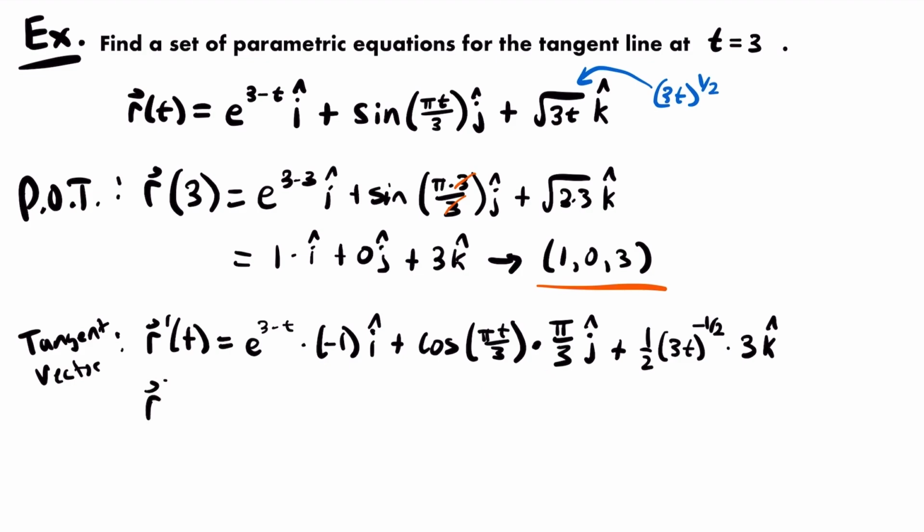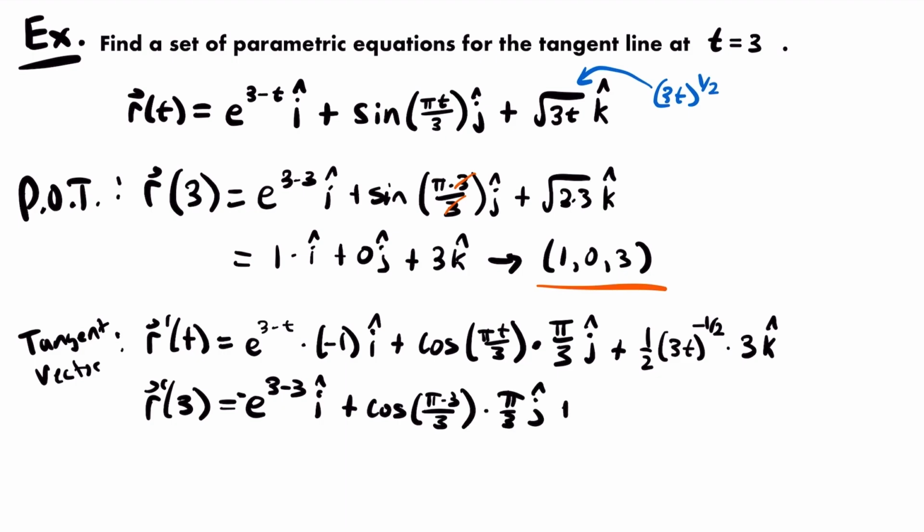So we'll take r prime of 3, and that will give us e to the power of 3 minus 3, and that's multiplied by negative 1, so this is a negative term, and then that's multiplied by i, and then we have plus cosine of pi times 3 divided by 3 times pi divided by 3 times j, plus 1/2 times 3 times 3 to the power of negative 1/2 times 3 times k.